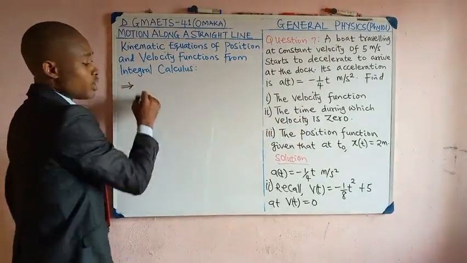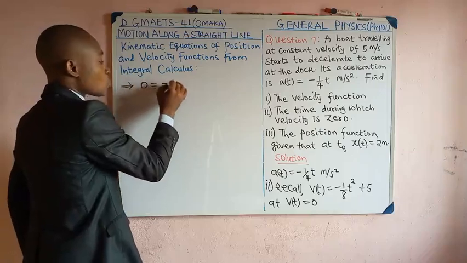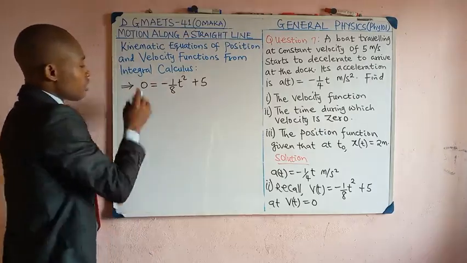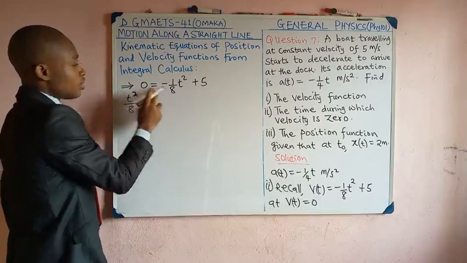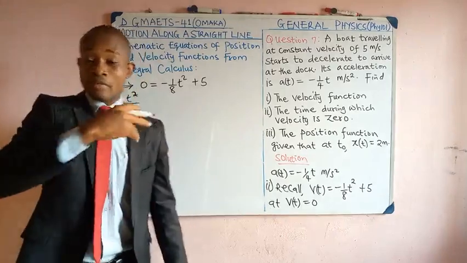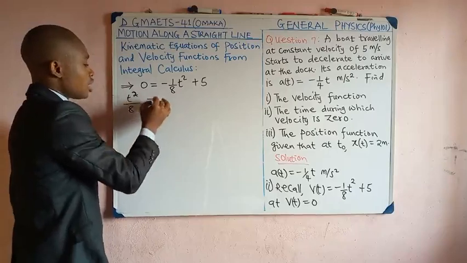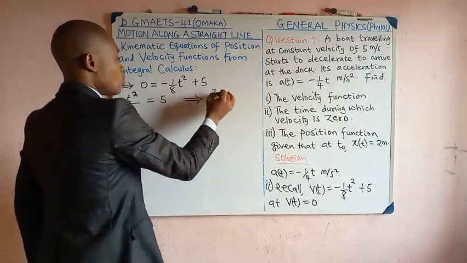It implies that we get 0 equal to minus 1 over 8 t squared plus 5. So solving this further, minus 1 over 8 t squared is the same as minus t squared over 8. If it crosses to the left hand side, it becomes plus, and that will be equal to 5. Of course, this implies that t squared will give us 40.